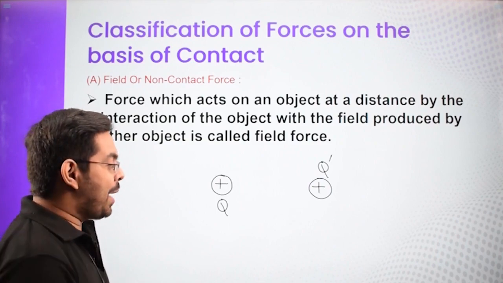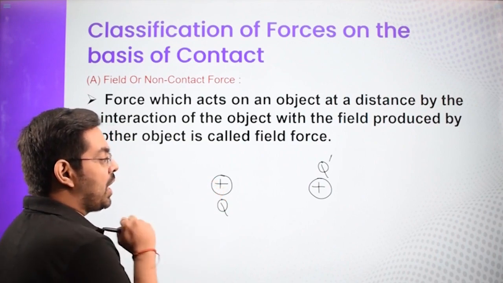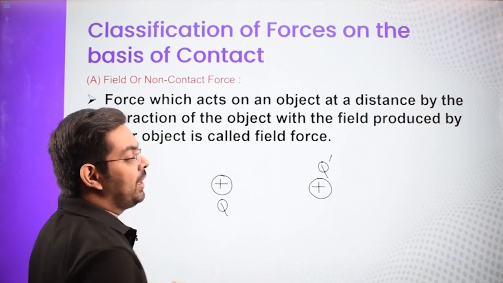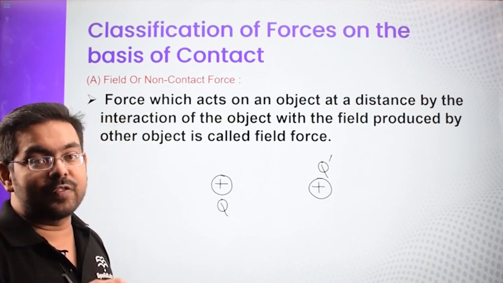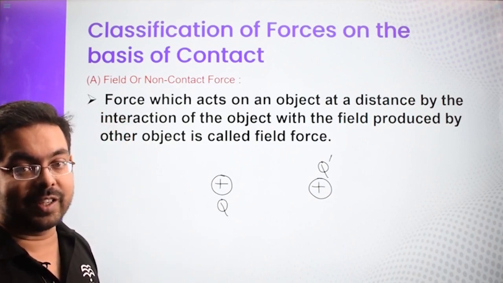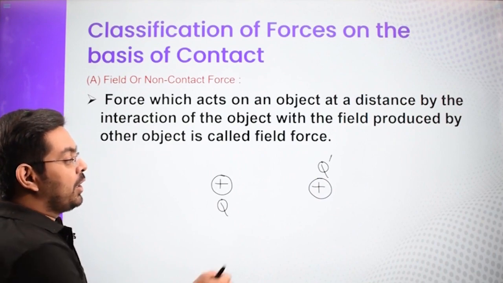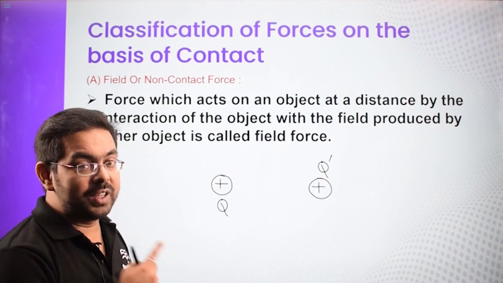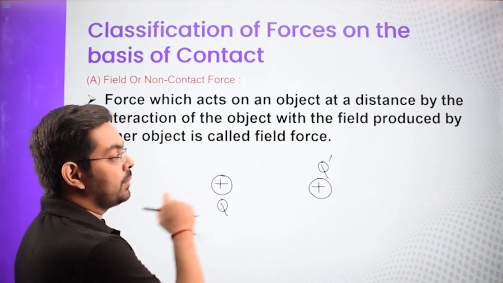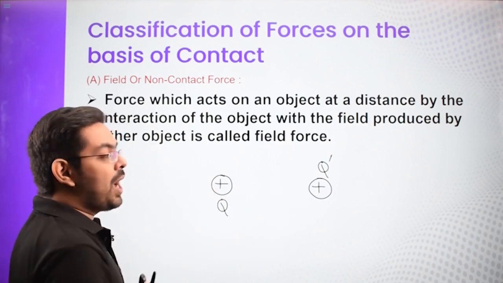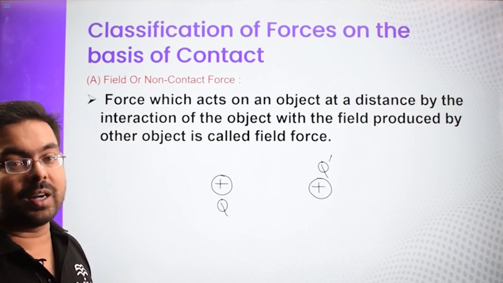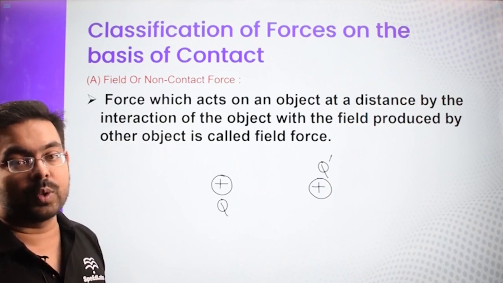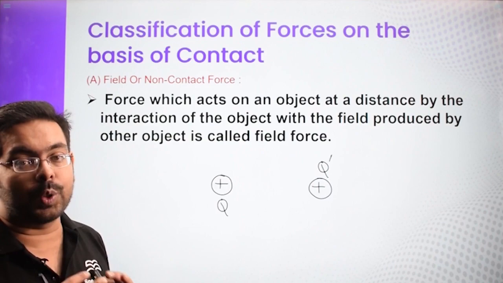Charge Q applies a field on the other charge. That field is called the electrostatic field, and due to interaction of the electrostatic field with Q dash, there is a force on it. There is no actual contact between the particles, and those types of forces are called non-contact forces.